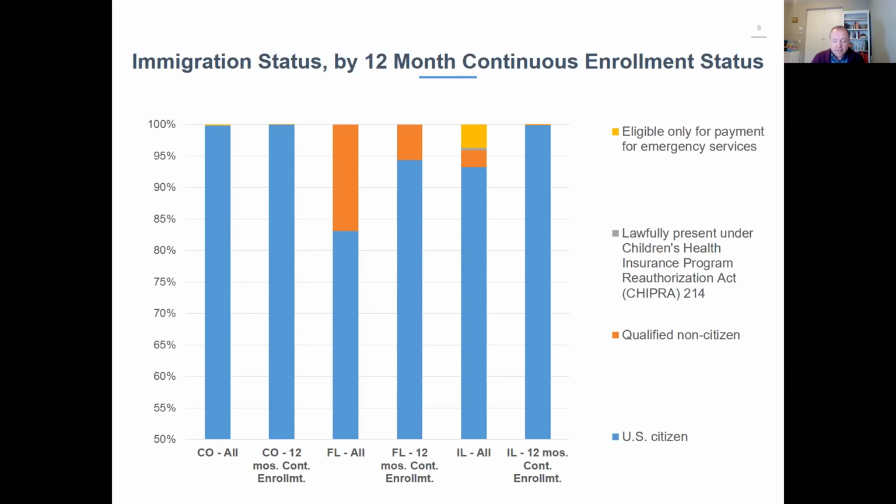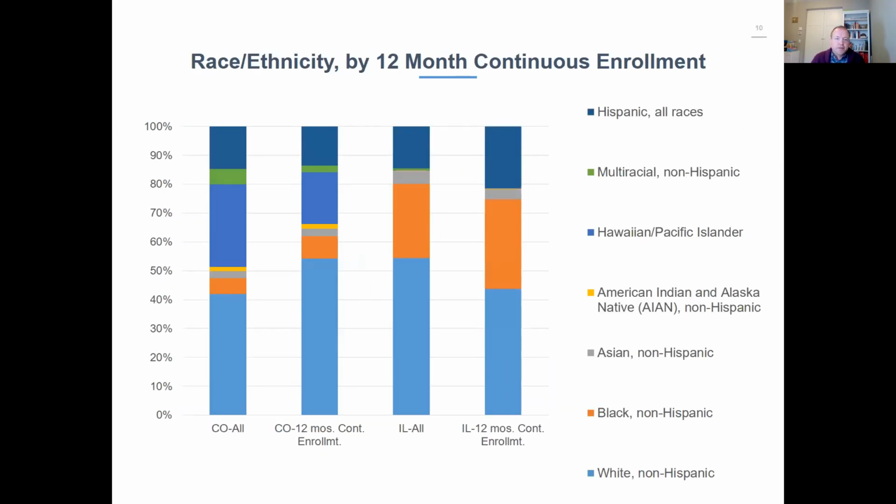And so if you have a set of states where you're making a comparison by evaluating a program, for instance, you might want to pay attention to the degree to which this type of criterion is going to impact or bias your potential sample. Another variable here is race and ethnicity. Again, it's going to vary by state.